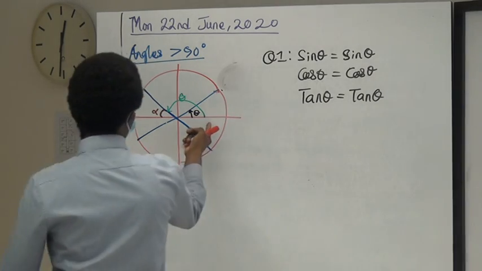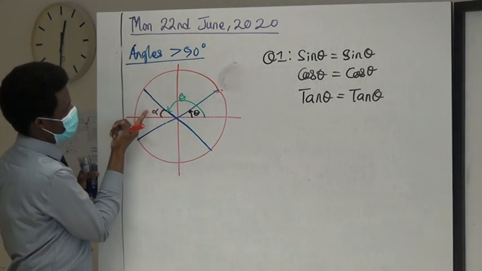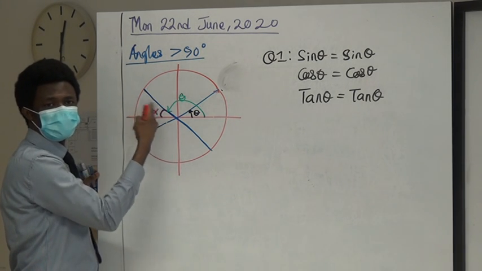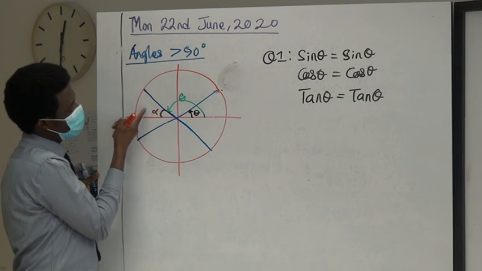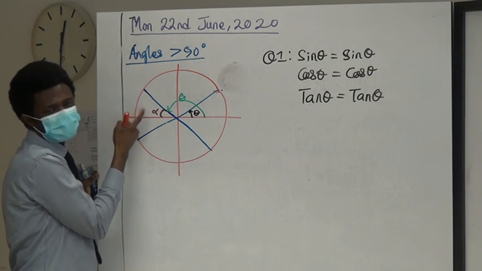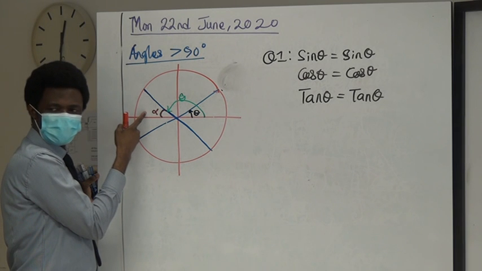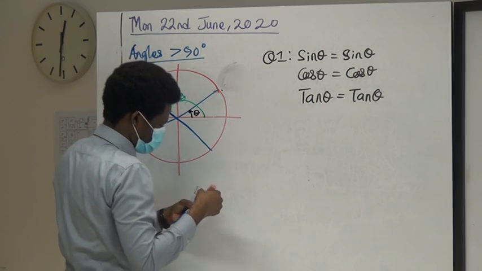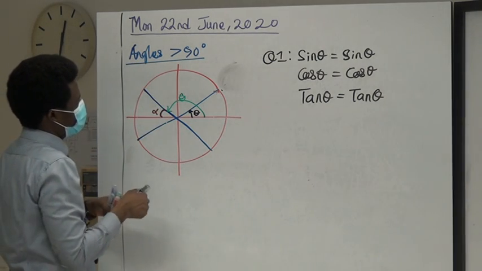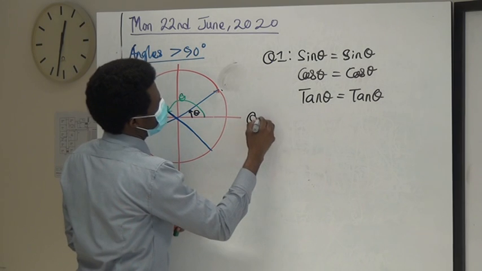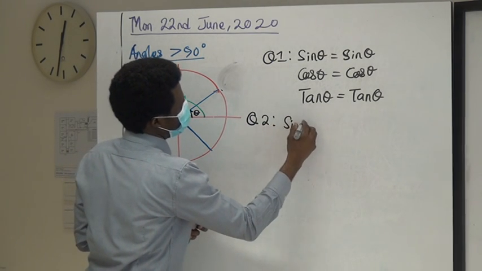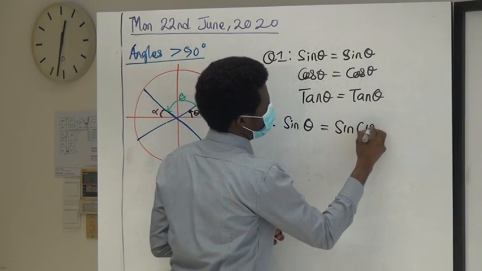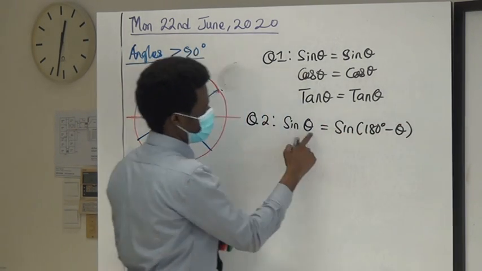So if you give me 135 degrees, then I find the acute form of it, the equivalent on the other side, the second quadrant. It's actually more or less dealing with 45 degrees on this side. Am I making sense? So if I'm trying to find sine theta in Q2, all I need to do is 180 degrees minus whatever angle I'm given.